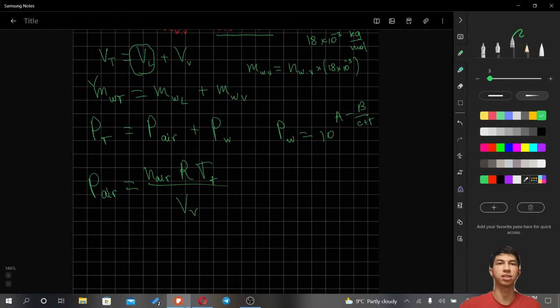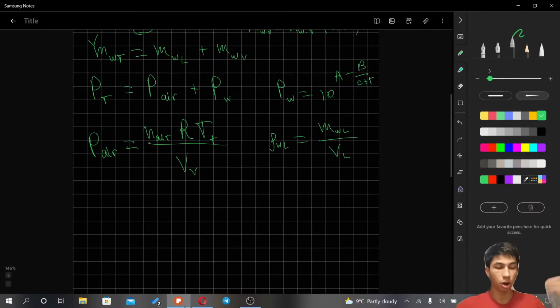So we know that the density of the water in liquid phase would equal the mass of water in liquid phase over volume of the water in liquid phase, right? And then we also know that the remaining liquid only consists of water.